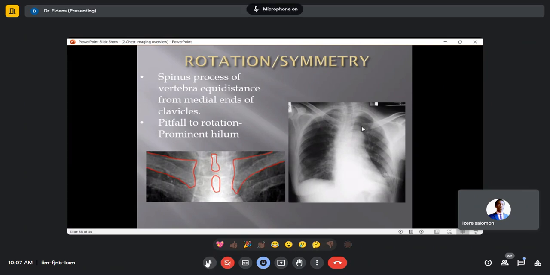Not really. They are very different, and it means the patient is rotated. I told you where the distance is bigger is the side the patient was rotated to. So tell me which side the patient was rotated to. It's right.